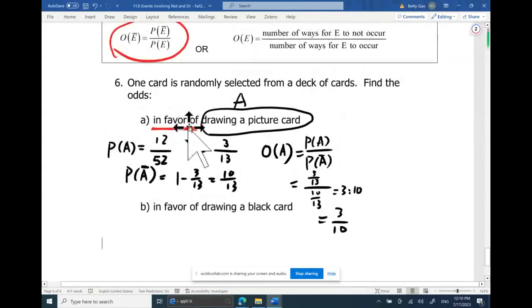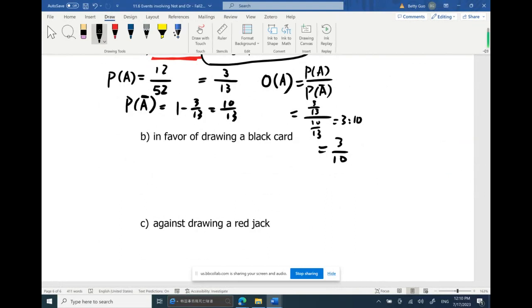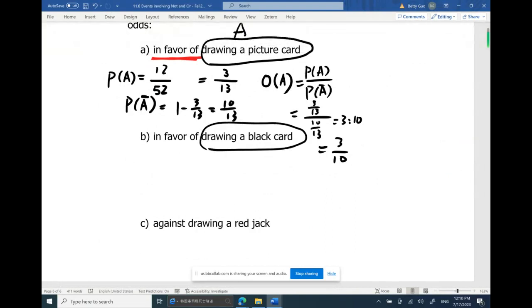Part B. What's the odds of favoring drawing a black card? I'll let this be event B, okay? Event B, black card, B as the initial of black. Then probability of B. We only have 52 cards in total.